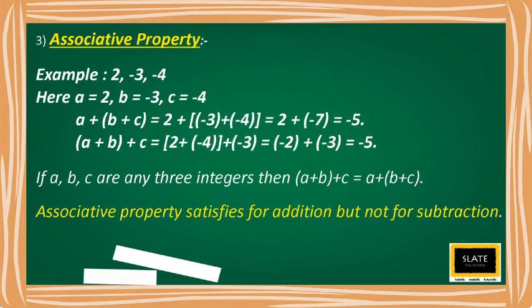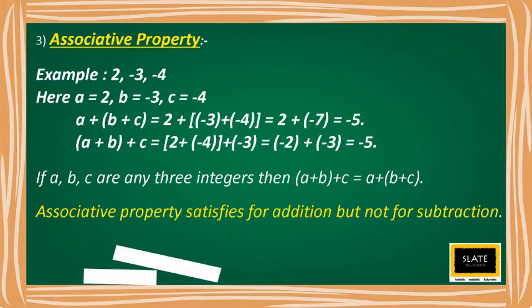Now let us group in other way. a plus b plus c is equal to 2 plus minus 4 plus minus 3, which gives you minus 2 plus minus 3, equal to minus 5.